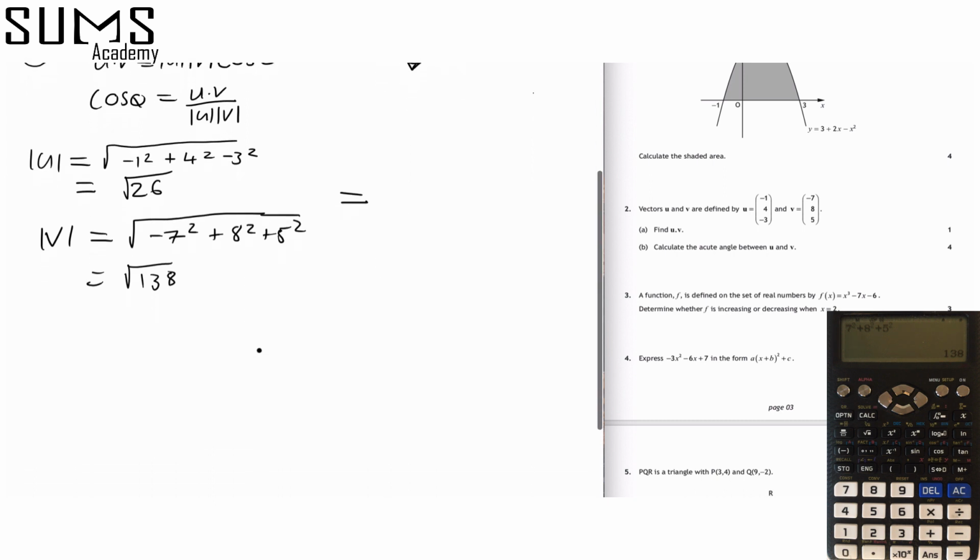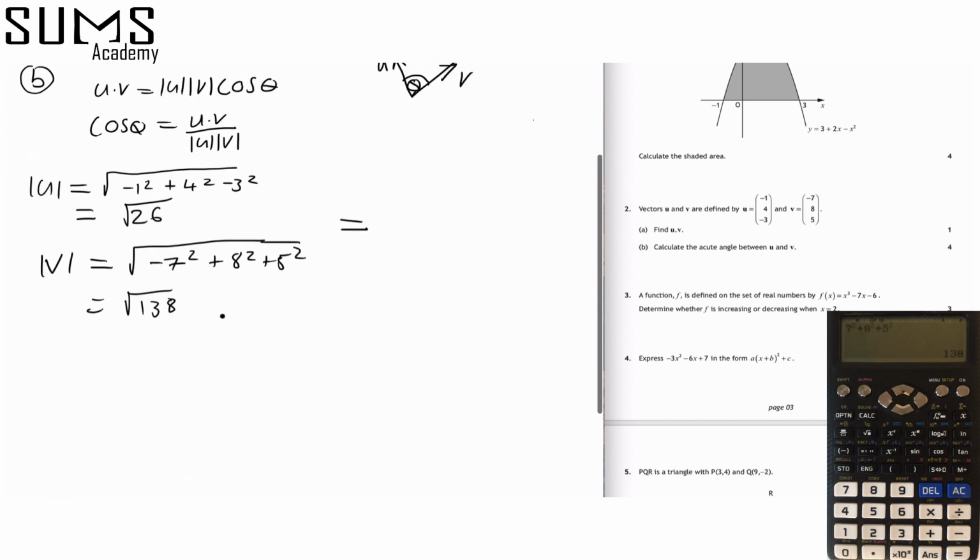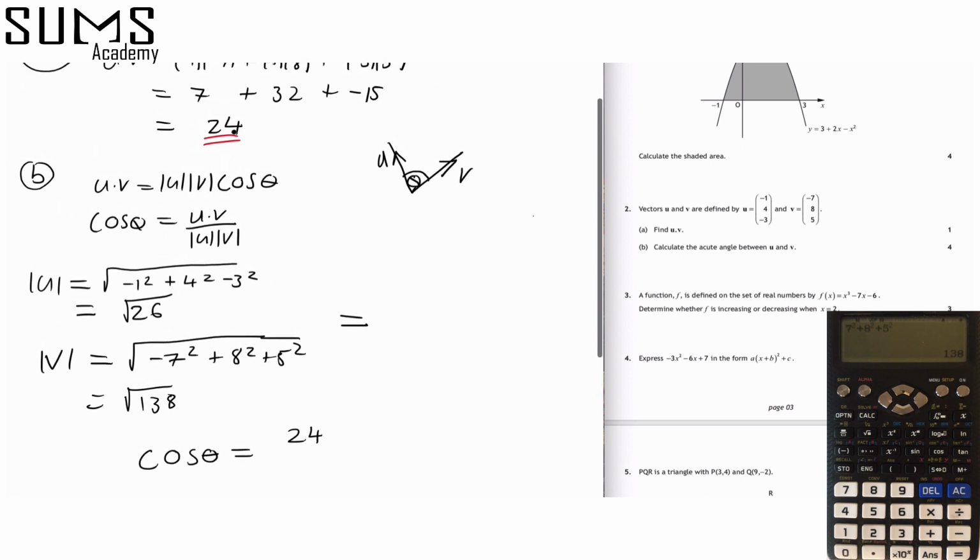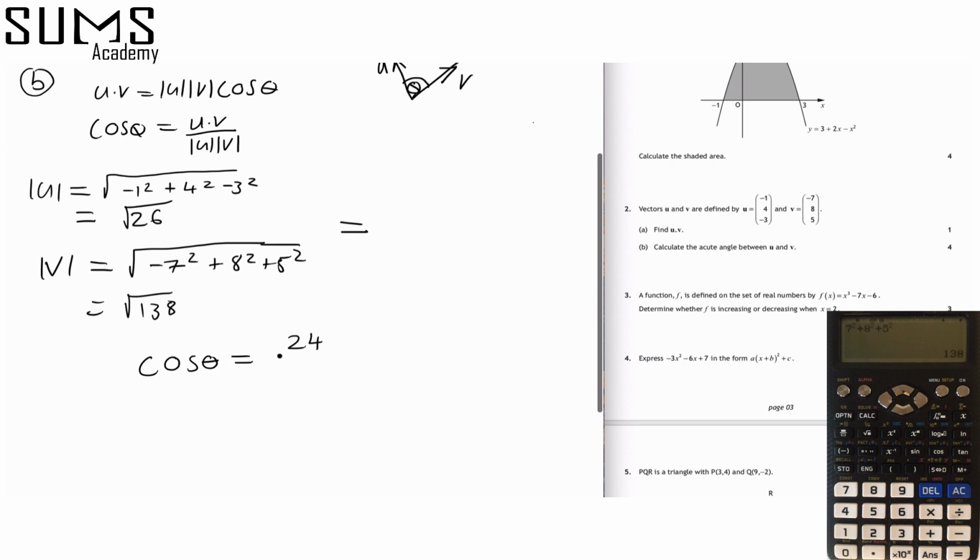So now we're going to plug everything we have into the equation. So cos theta is equal to 24, which is u dot v, which you worked out in part A. So 24 all over the square root of 26 times the square root of 138.